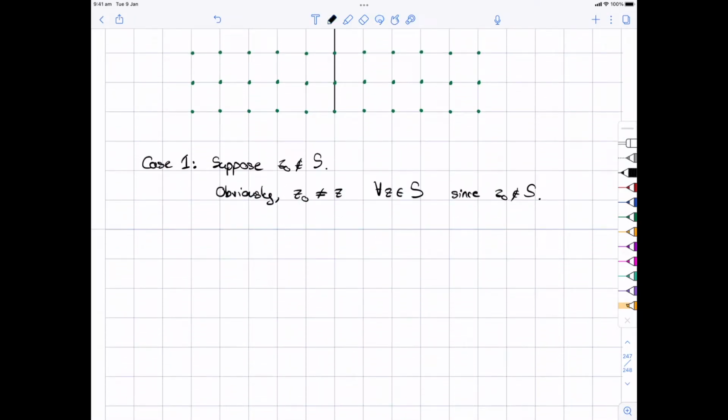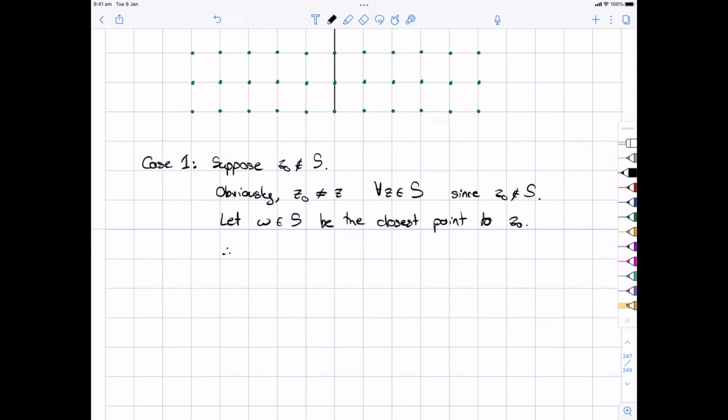I would say something like, let W, which is an element of S, be the closest point to this supposed limit point, Z0. So let W be the closest point to Z0. And the reason I choose the closest point is because as long as I can make sure the closest point isn't within the circle, then all of the others cannot possibly be in the circle. So I'm letting W be the closest point.